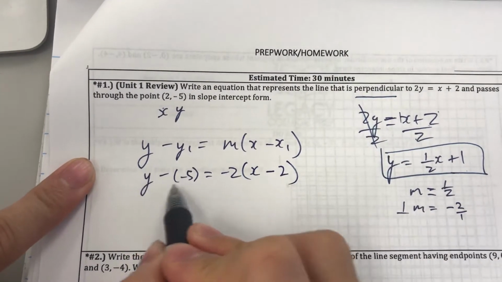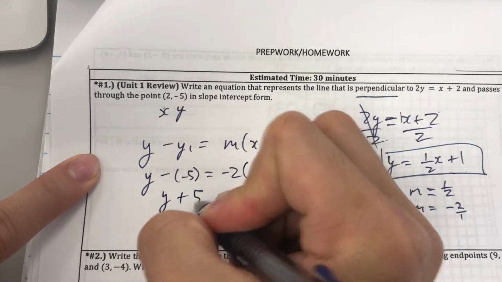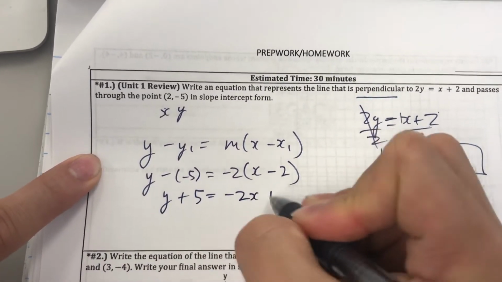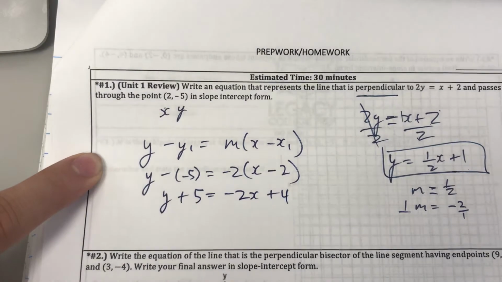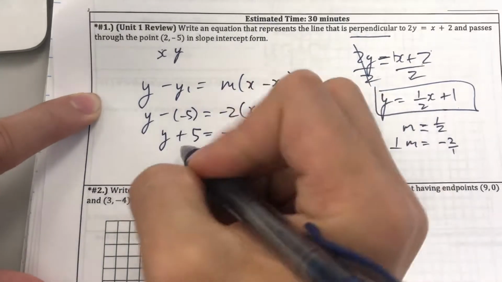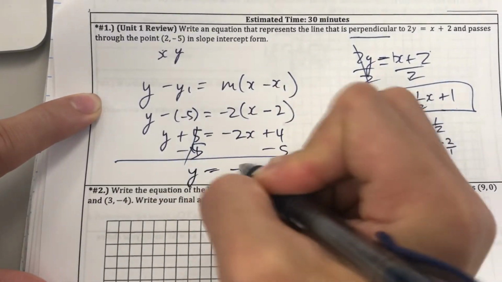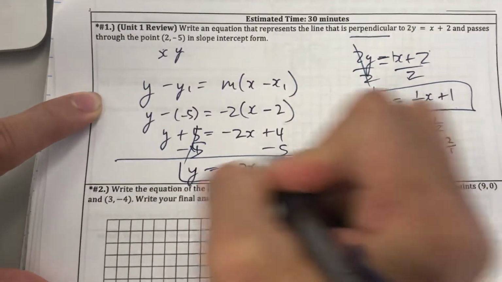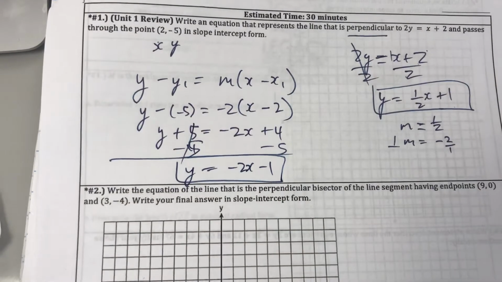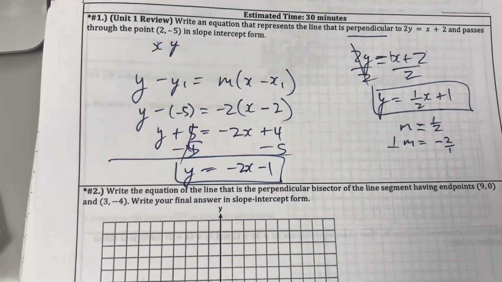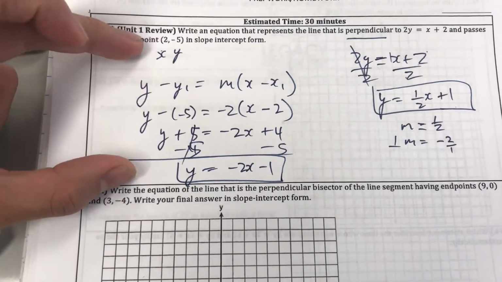At this point, y minus negative 5 is y plus 5 equals negative 2x plus 4. And at this point, what you are supposed to do is subtract 5. Oops, subtract 5. And you get the answer y is equal to negative 2x minus 1. So this is the answer that you are putting in for the goal formative, okay? For this section up here.